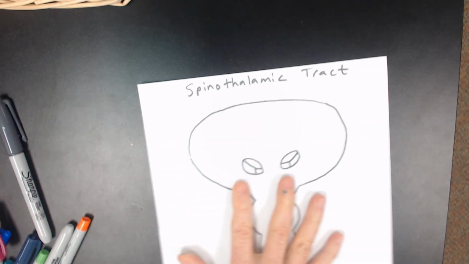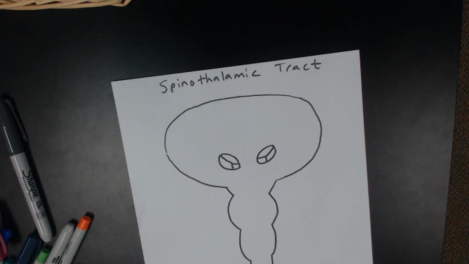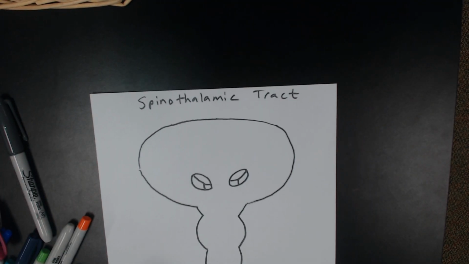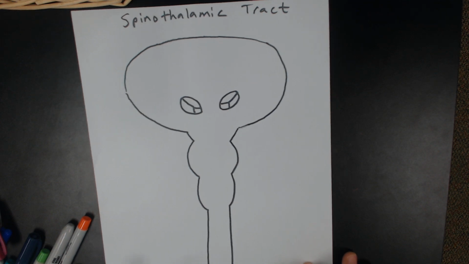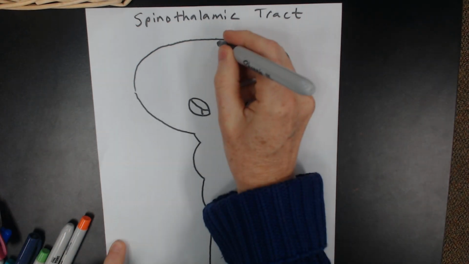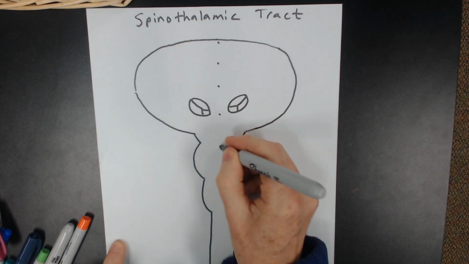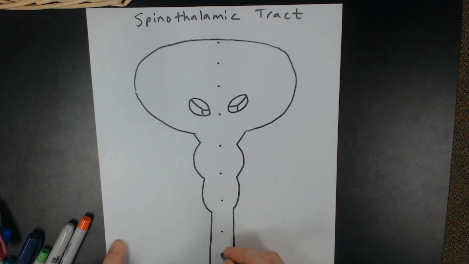Okay, the last little bit again. Let's look at a big overview of the spinothalamic tract and draw in all the players. I always like to draw my dots in so I know where I've crossed over.